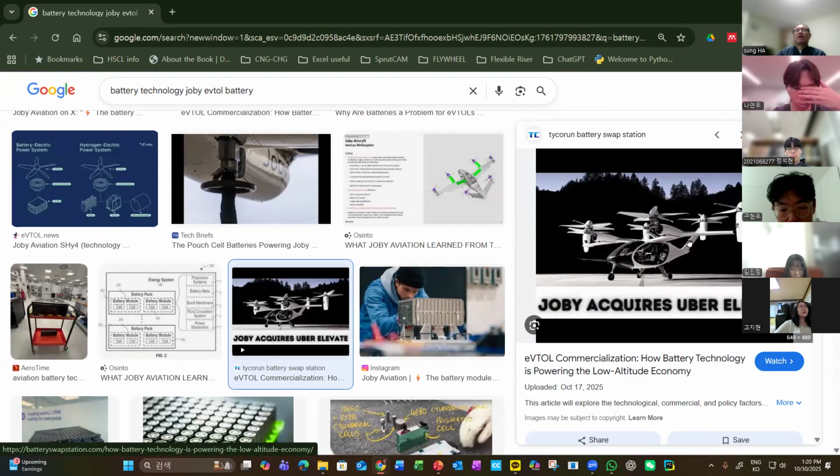Now we need electric power so that we can directly get the power to rotate all the motors. But the disadvantage of the battery is that it is really heavy. The structures have to be very light.